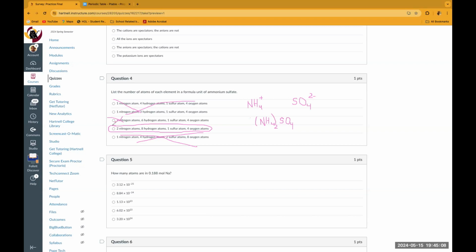Since there's 0.188 moles of sodium, we have to use Avogadro's constant, which is 1 mole of Na over 6.022 molecules of Na. So you said 1 mole on the bottom, and then we're going to use Avogadro's constant.